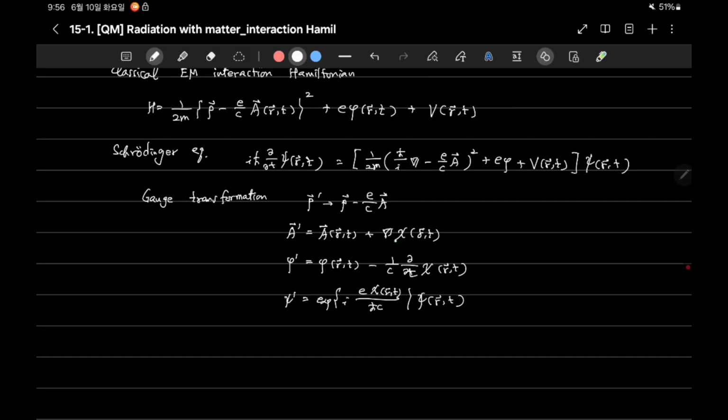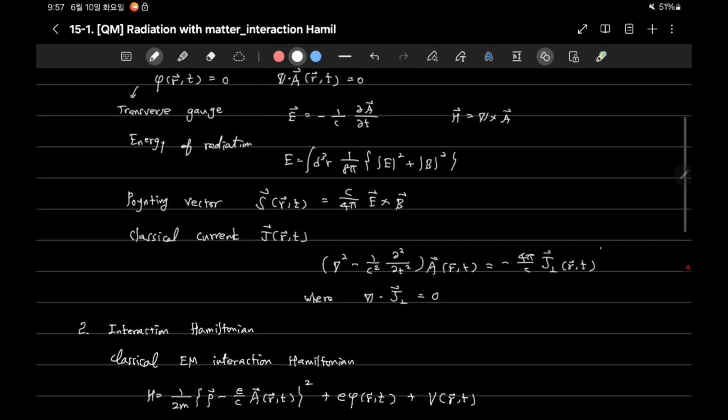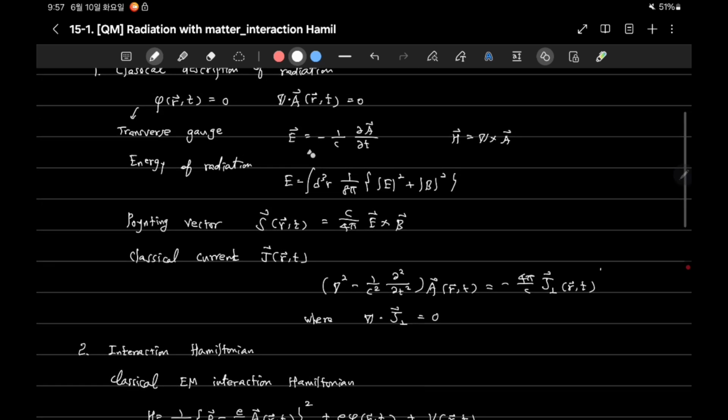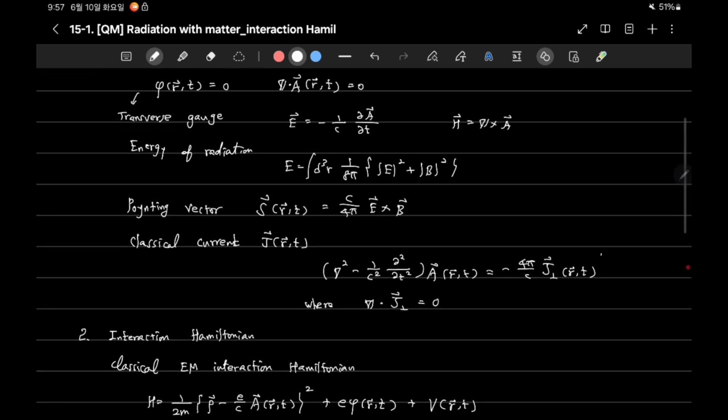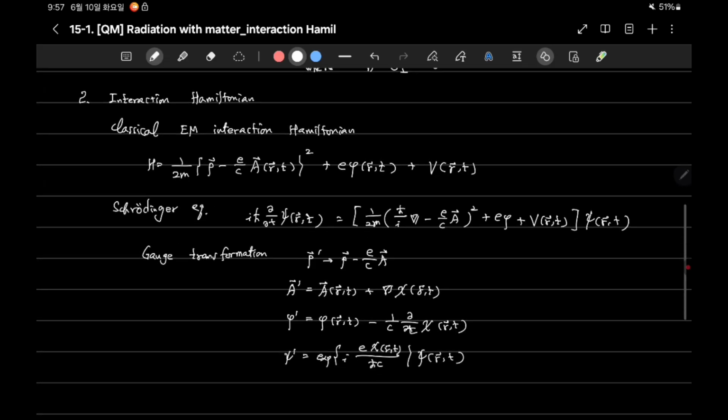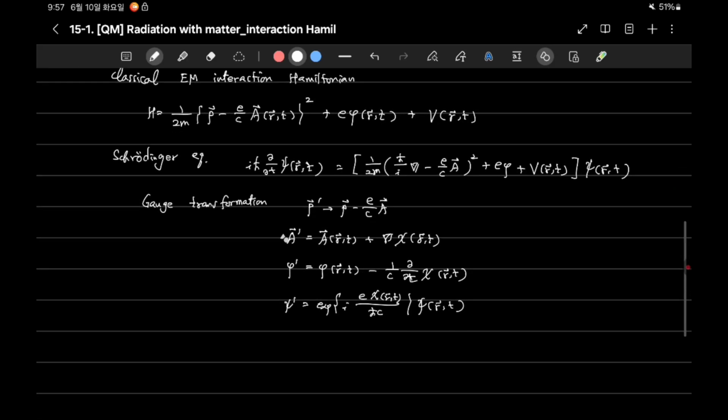So the curl of a gradient should be 0, and the potential should give the electric field, in the transverse gauge. To satisfy this relation, we adopted this kind of function.